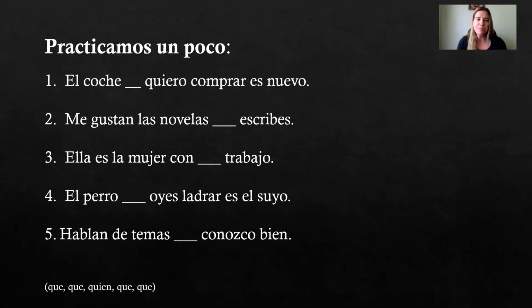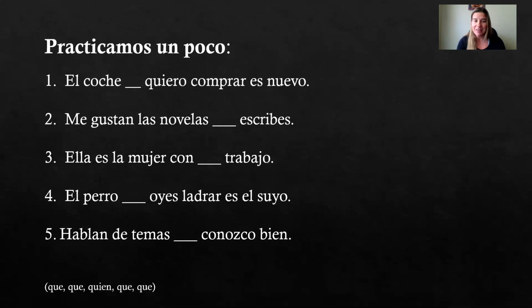But el coche blank que el coche que quiero comprar es nuevo. See, I can't even read the sentence without flopping it in there. Lo siento, I gave you the answer to the first one. Me gustan las novelas blank escribes. Ella es la mujer con blank trabajo.